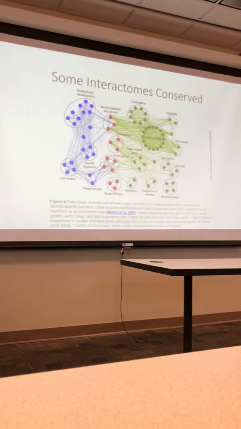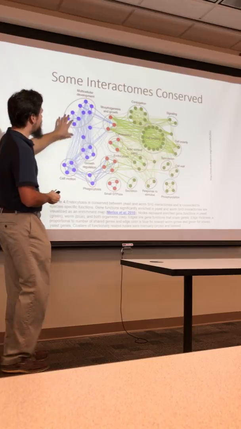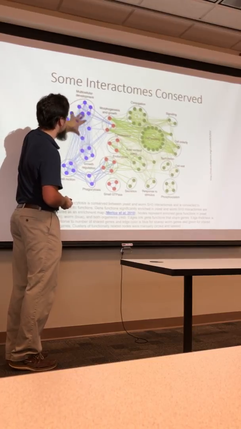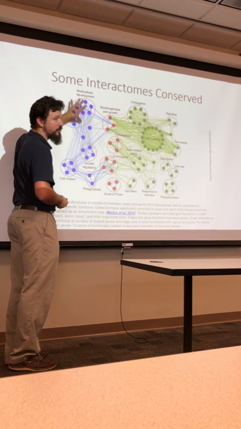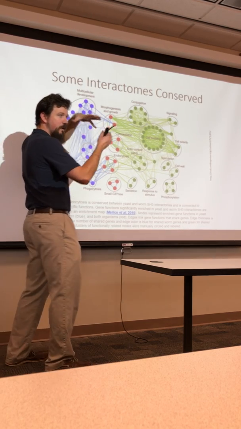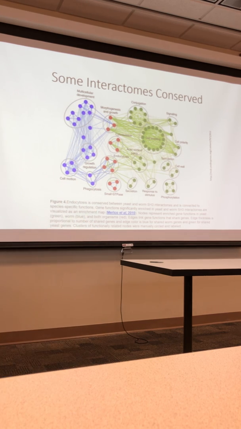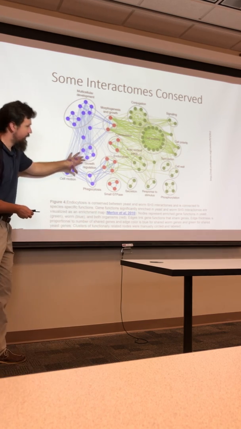Here's an example. And this is just showing how even these interactomes are conserved. So here, this would be an interactome of multicellular development. These proteins are involved with multicellular development. That would be an interactome of a process. Here's some for growth regulation.